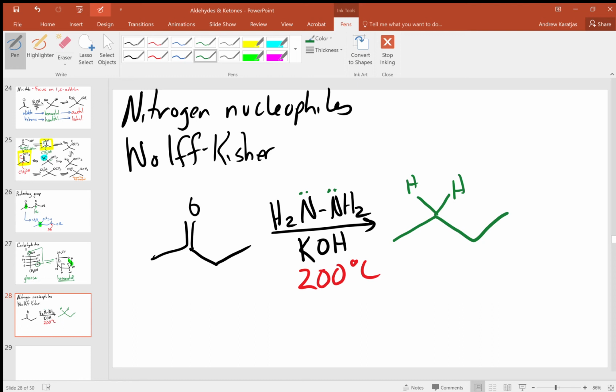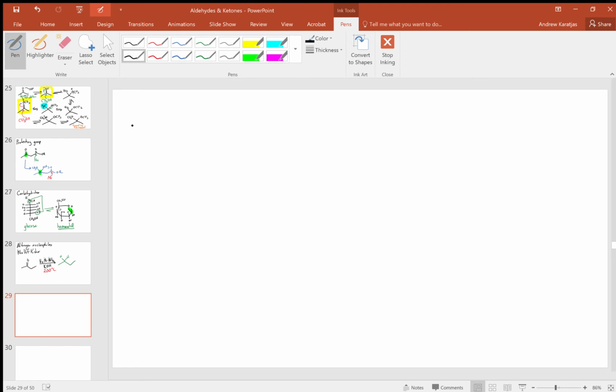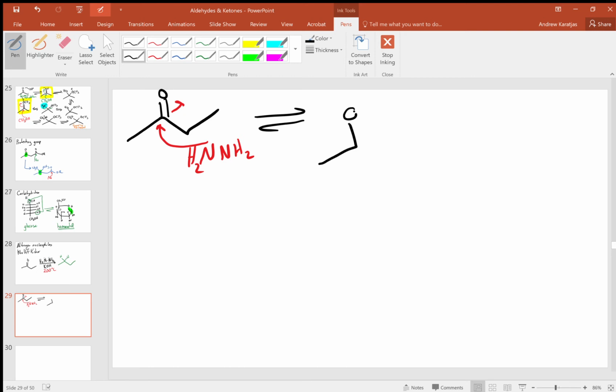All right. How does this work mechanistically? So the first step, probably not going to be any surprise, is that our nitrogen nucleophile adds into the carbonyl, giving us, as we've seen so many times before, a tetrahedral intermediate.